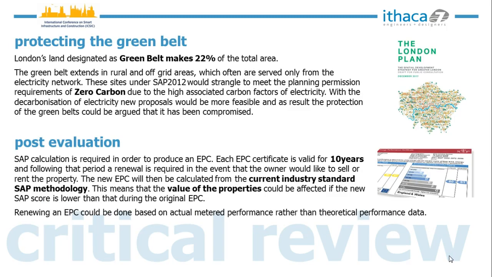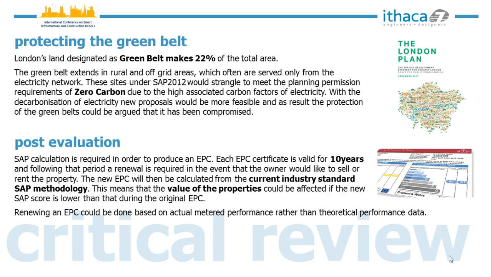And finally, we believe protecting the green belt is important, especially in areas where we have no gas, only electricity. That could see developments meet their planning requirements more easily than before.